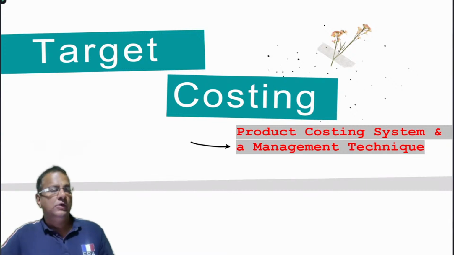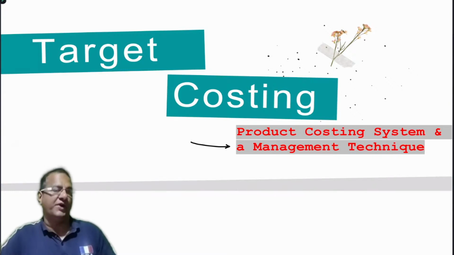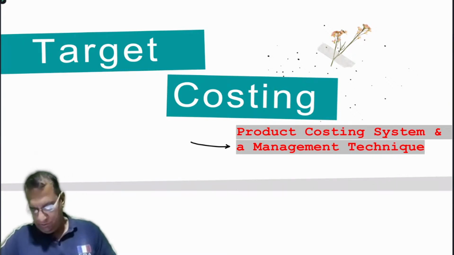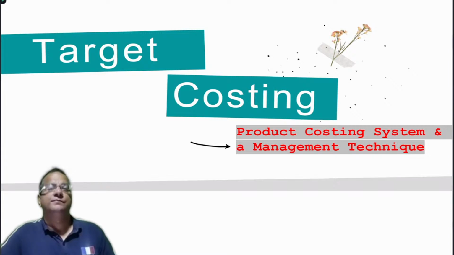Usually the formula is: sale price is equal to cost plus profit. Full stop.